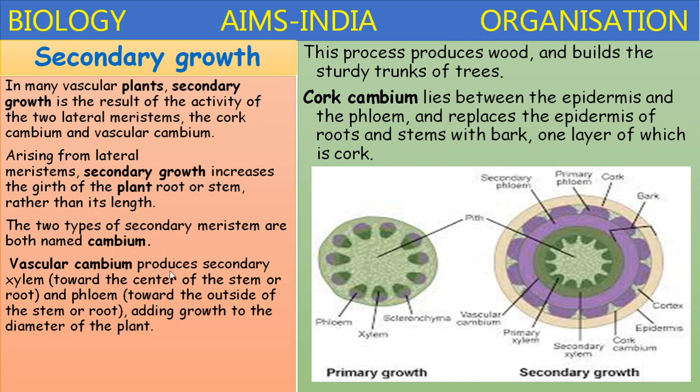This is the vascular cambium, and this is the cork cambium. The vascular cambium produces secondary xylem towards the center of the stem or root, and secondary phloem towards the outside of the stem or root.